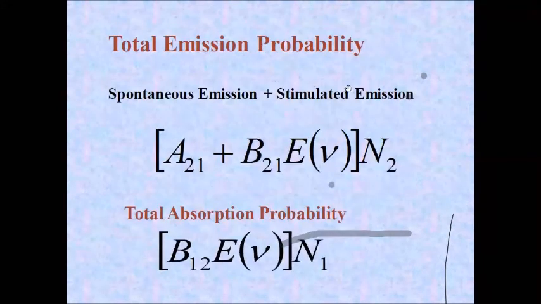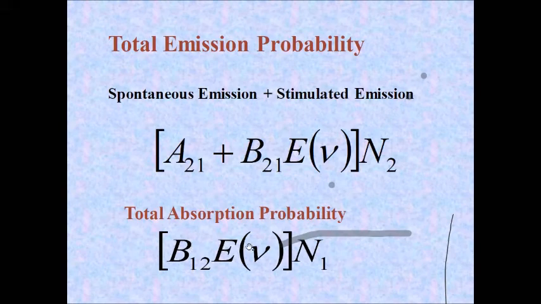So this is the absorption probability. The absorption will be proportional to N1, the number of atoms in the ground state, and the energy density of the incident photon. If we use a proportionality constant B12, then absorption probability will be equal to B12 E nu N1.